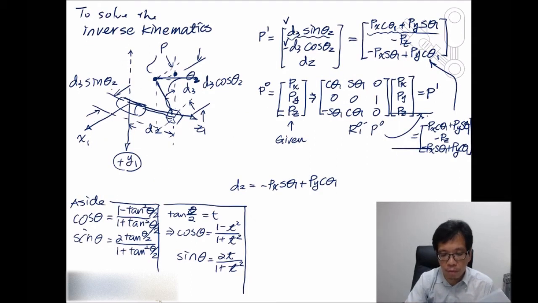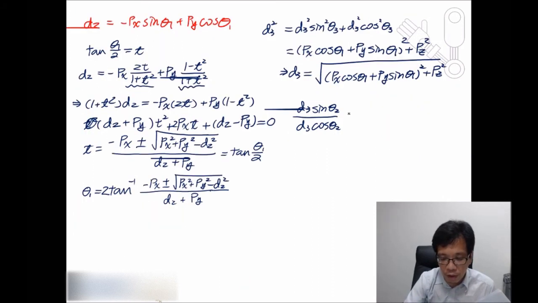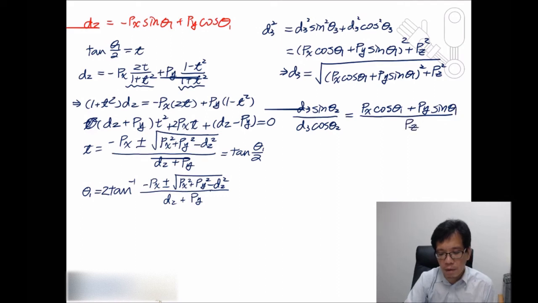I'm going to remove both negative signs because negative can be cancelled out. So over here, since I'm using this coefficient divided by this coefficient, the other side I'll have is px cosine theta 1 plus py sine theta 1 over pz.